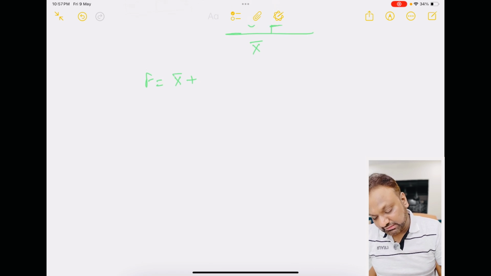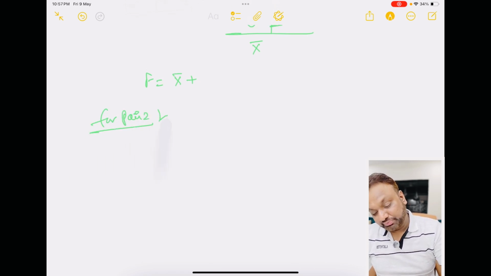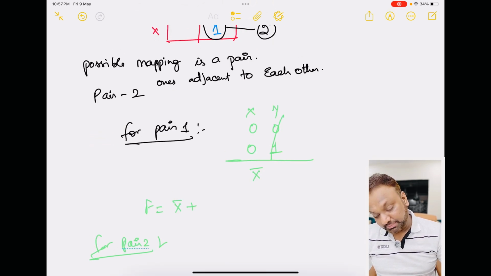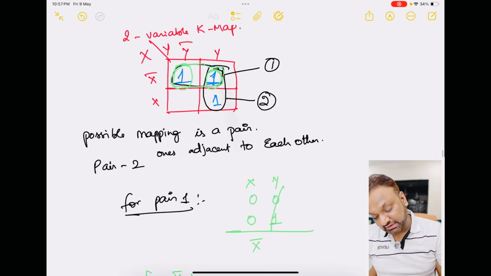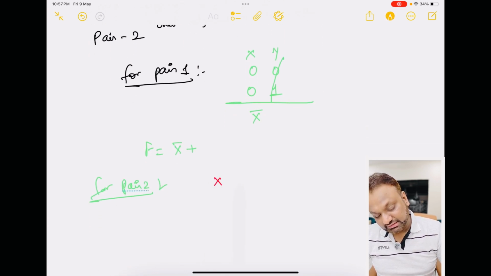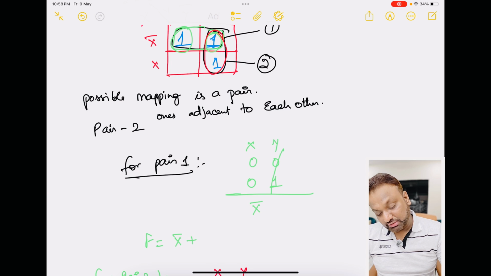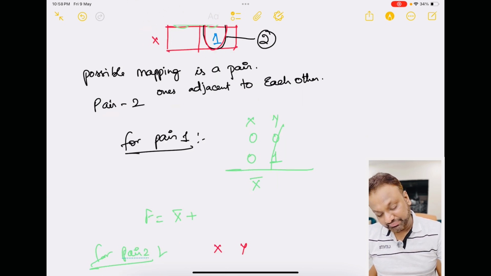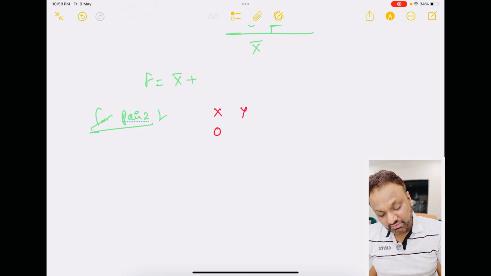Now for pair 2 we will see. My pair 2, you see here, I have the vertical one, right? So for pair 2, again I will write x and y. What is the combination? One is x bar y and the second one is xy.